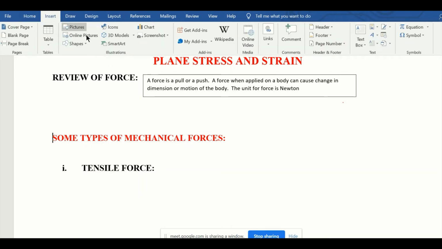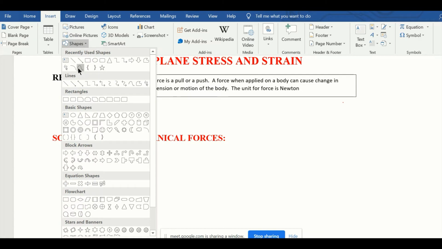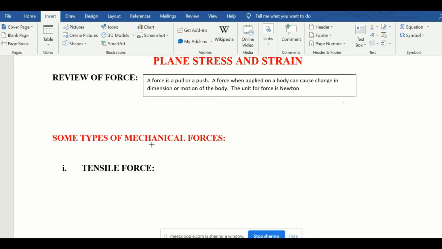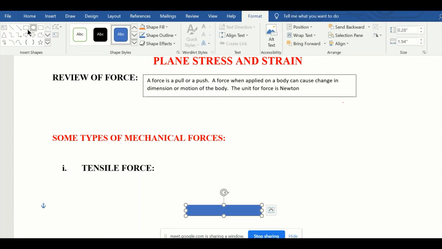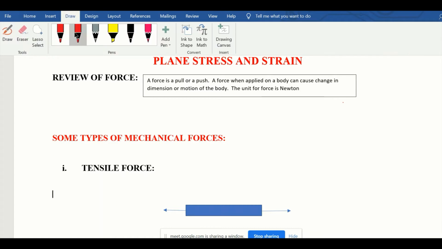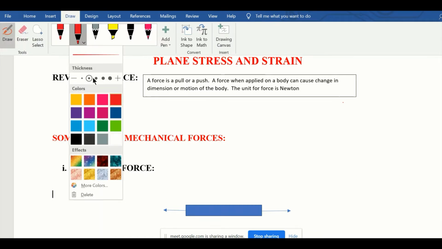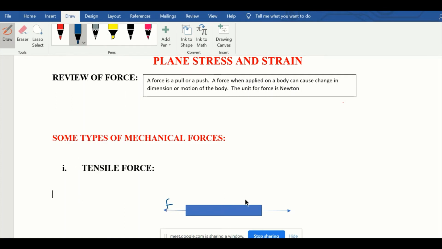Before I explain the tensile force, I will show us a diagram. So here is a force, and here is a force.